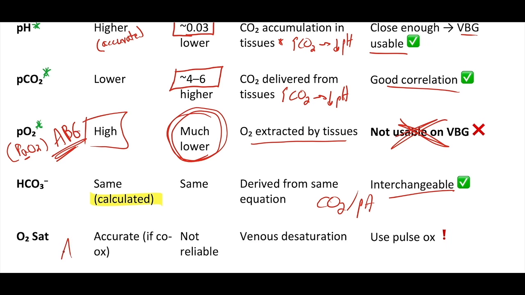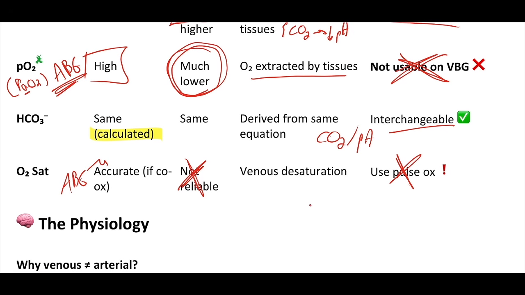An ABG saturation does tend to be accurate, so you cannot use a VBG to get an O2 sat on your blood gas. You need an arterial blood gas to do that, or just look at the pulse ox. So in summary here, if we were to write this out, for a PaO2 or an SpO2, which on the blood gas is usually written SaO2, you need an arterial blood gas.